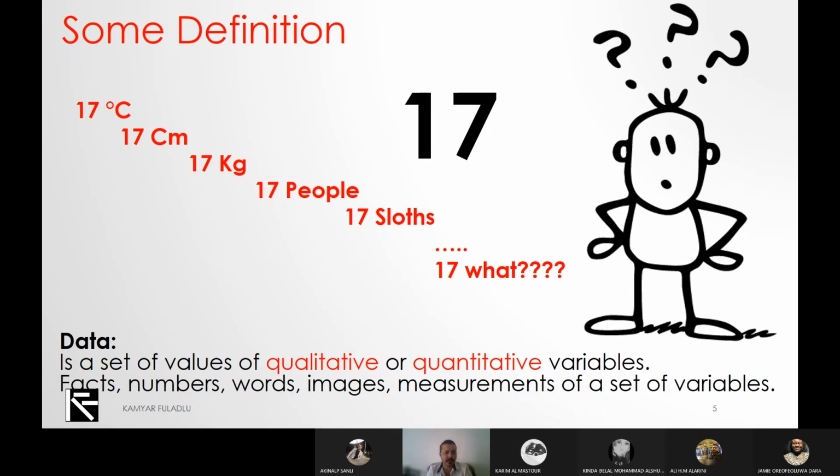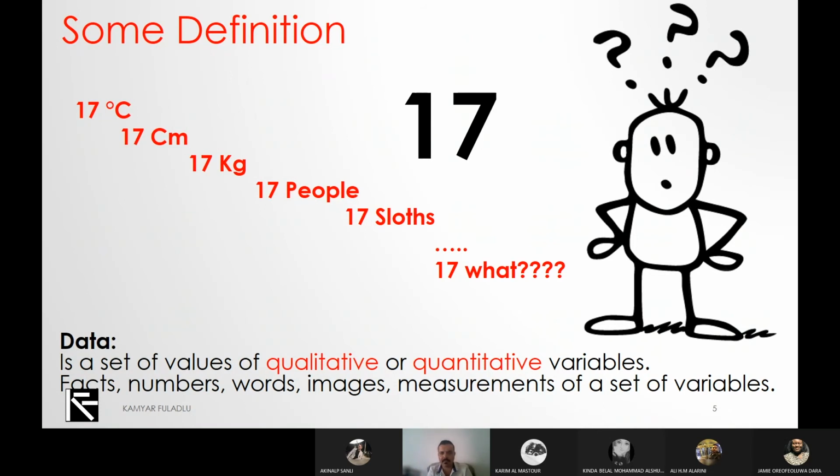It means that it could be a fact, a word, an image, or a set of measurements, such as a number, but in this format they are very raw and not understandable.